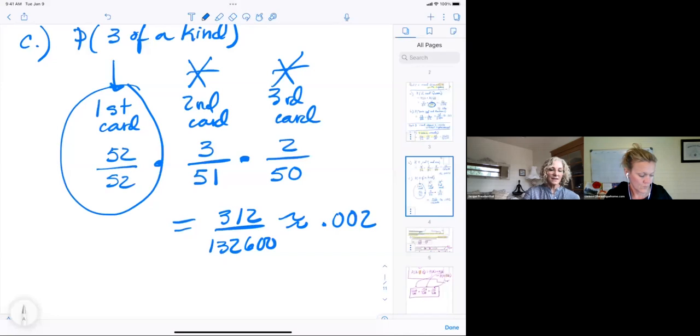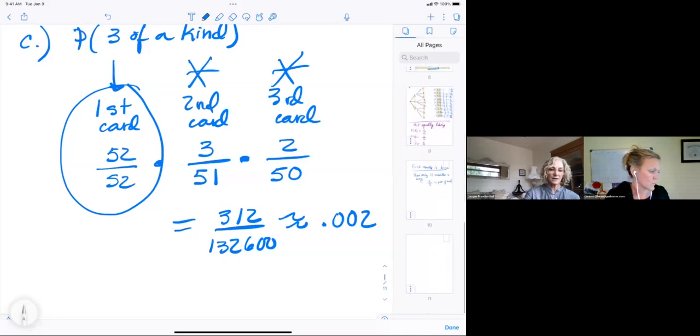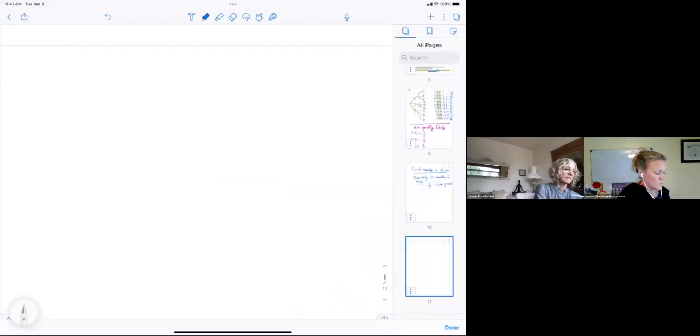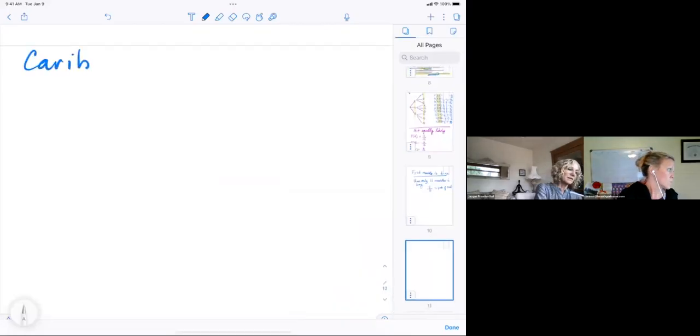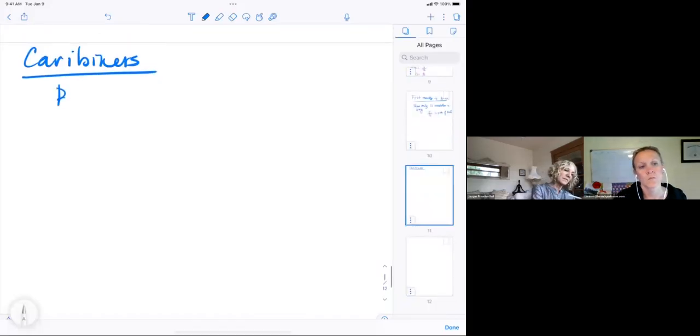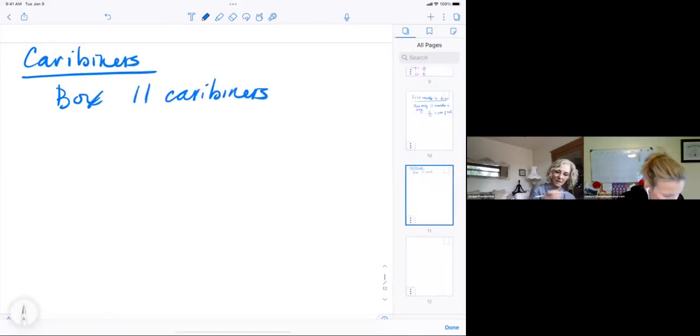Okay, let's go on to the next problem, which has to do with the carabiners. The next page on this worksheet is with the carabiners. Carabiners are metal loops with spring-loaded gates or openings used as connectors. In a box of 11 carabiners, we have 4 that are defective.